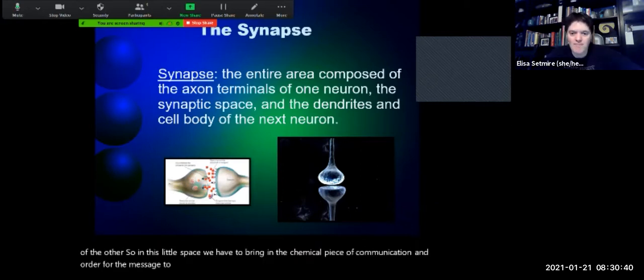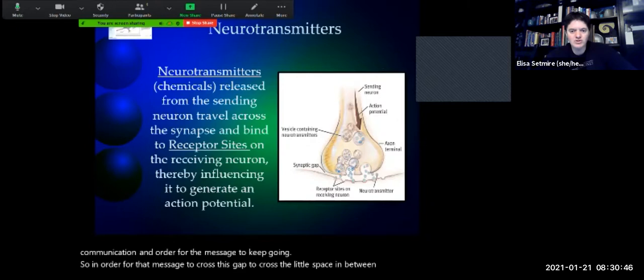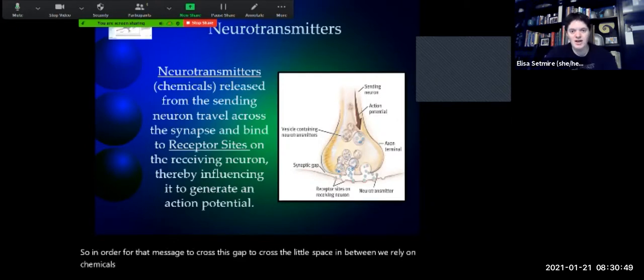In order for that message to cross this gap, to cross the little space in between, we rely on chemicals called neurotransmitters. Neurotransmitters are things like dopamine, serotonin, glutamate, GABA. There's an incredible number of these.